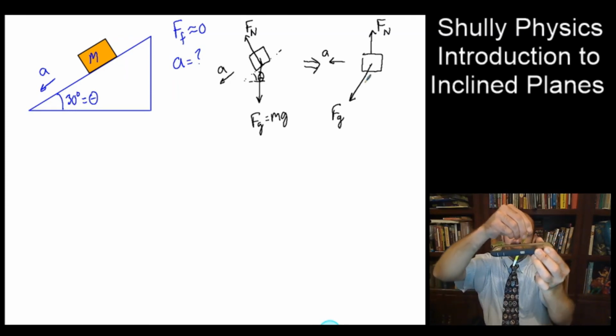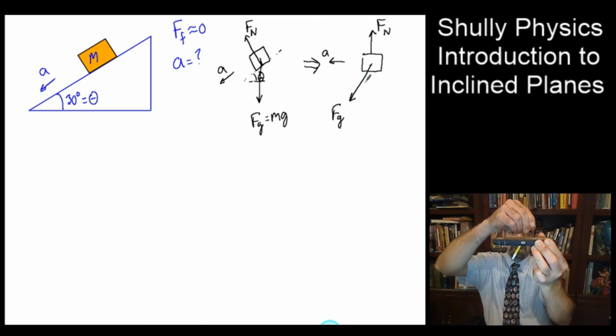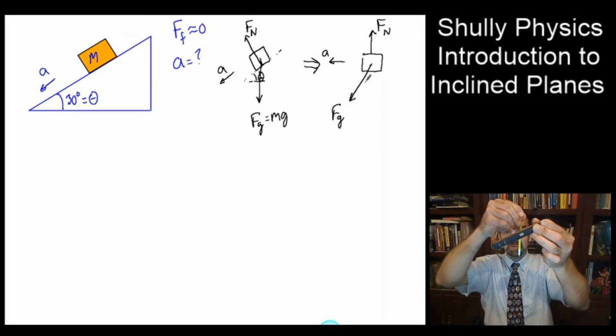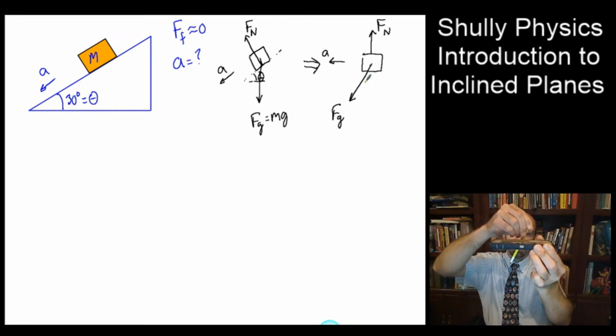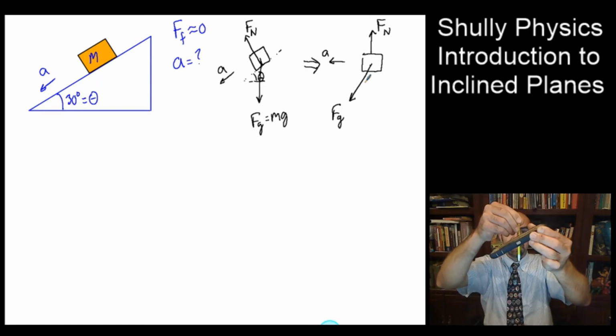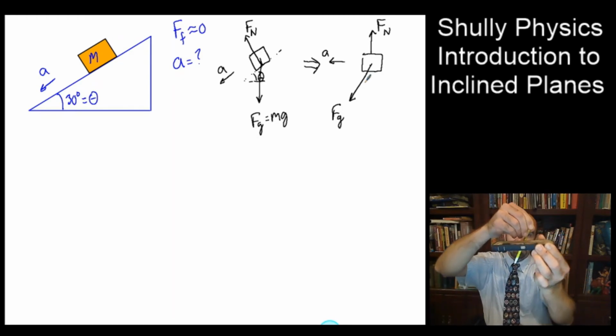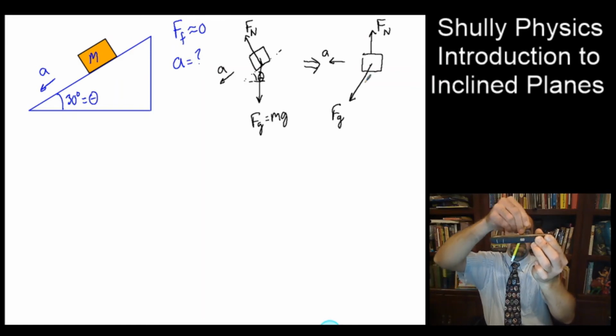If we look at that and rotate it back down, then you'll notice that the gravitational force vector also rotates 30 degrees from the vertical direction. So if we bring that incline down and rotate it by 30 degrees, the force of gravity, that vector, rotates by 30 degrees also.